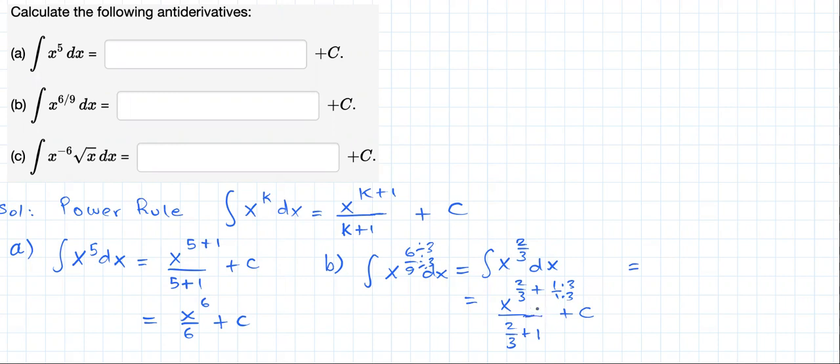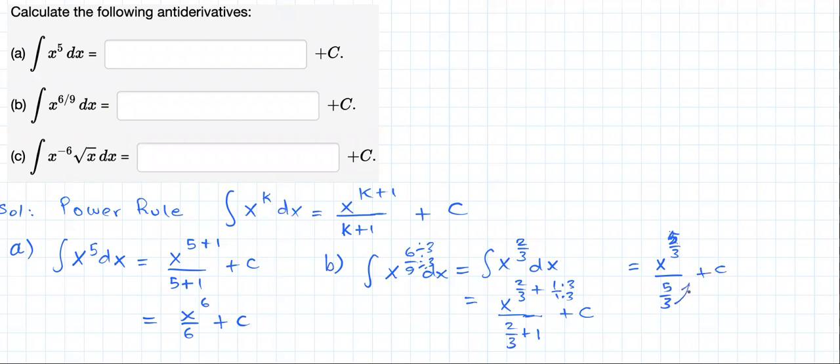So 5/3 on the numerator, 5/3 on the denominator, so we'll have x raised to 5/3 over 5/3 plus a constant.